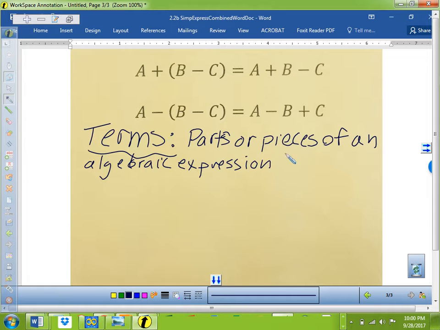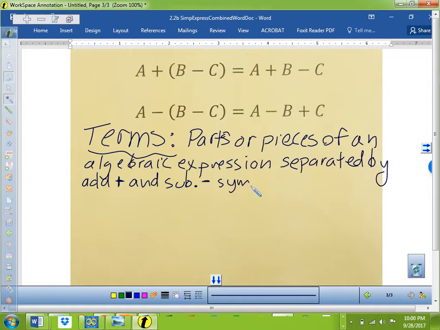Parts or pieces of an algebraic expression separated by add and subtract symbols. So parts or pieces of an algebraic expression separated by add and subtract symbols.